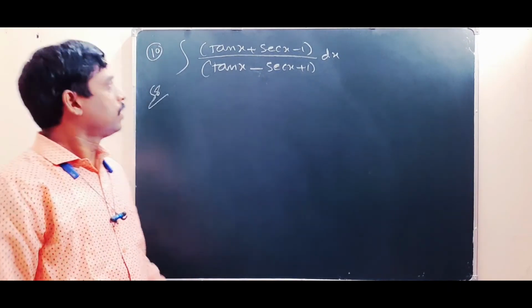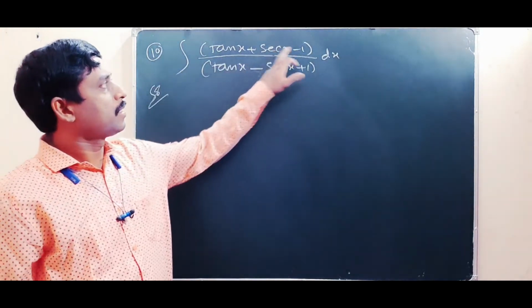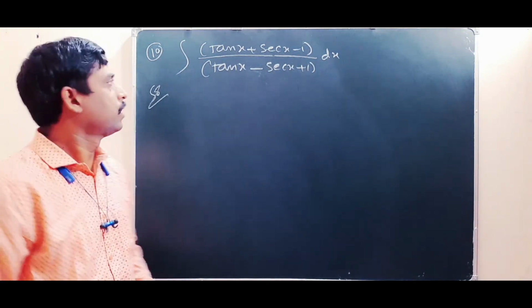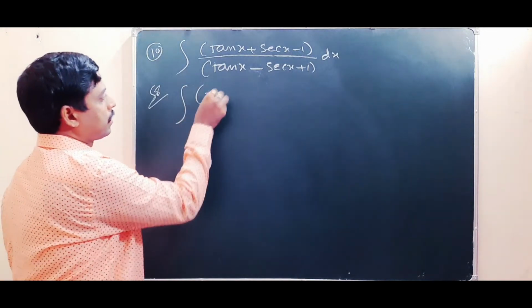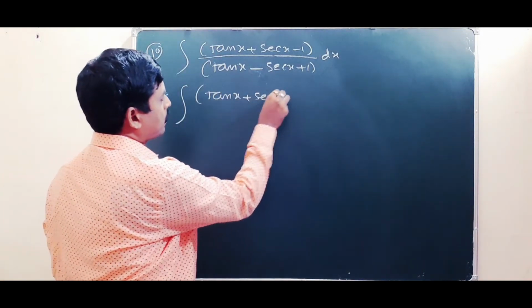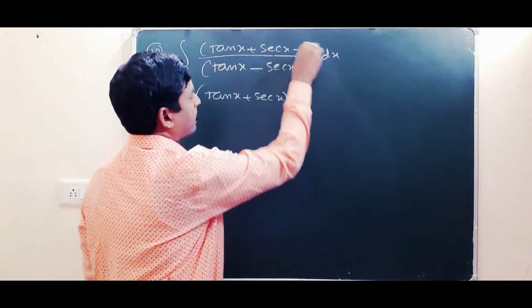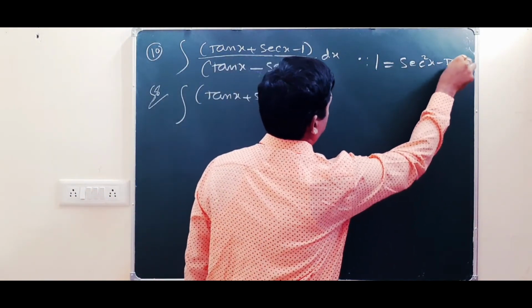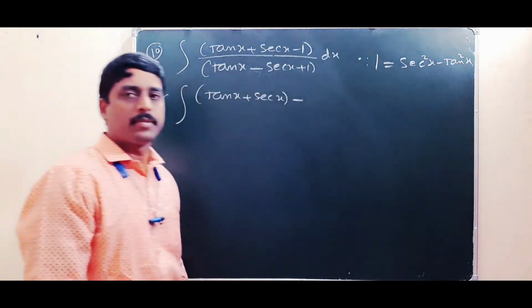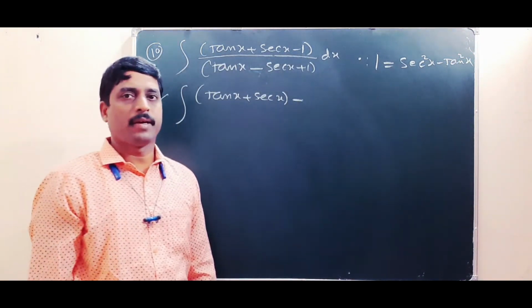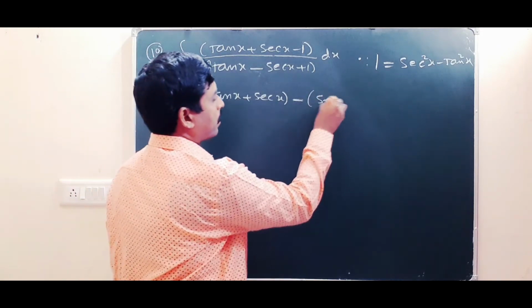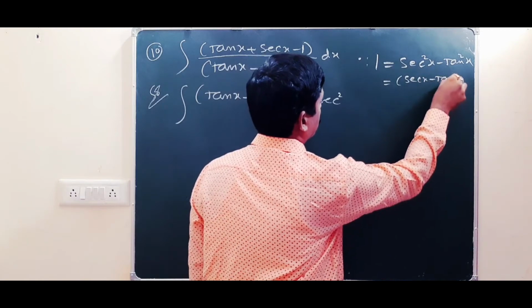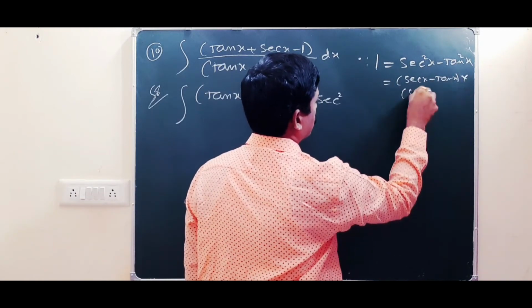Okay, look at the next question. Integral of tan x plus secant x minus 1 by tan x minus secant x plus 1. In the numerator, the 1 we have a formula for: secant square x minus tan square x.